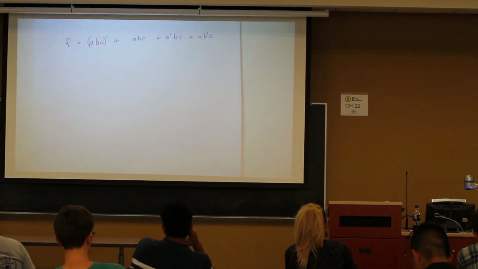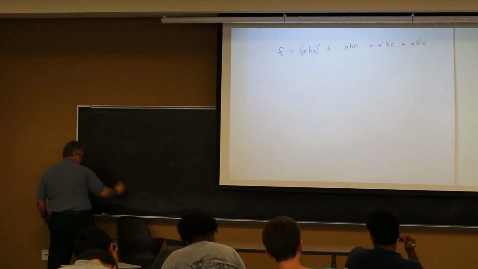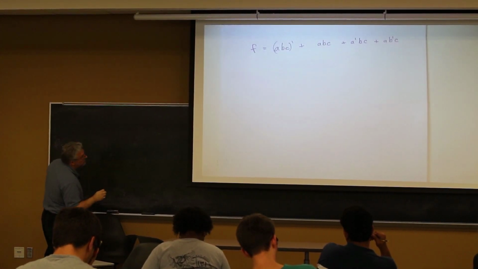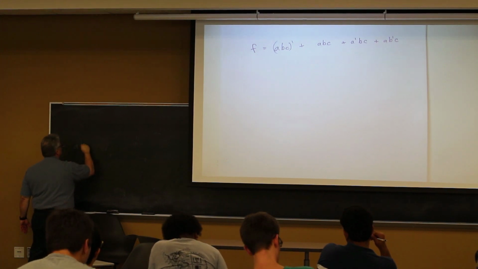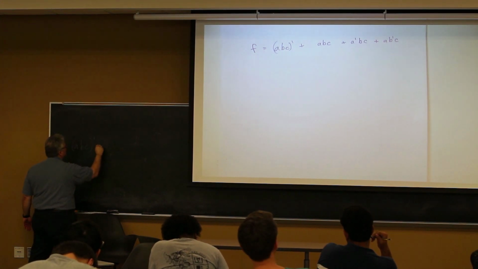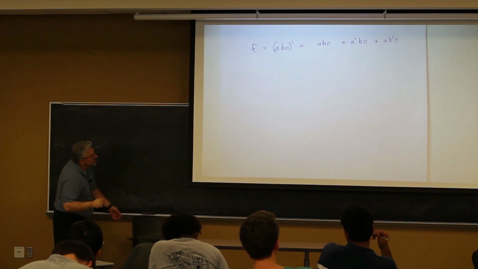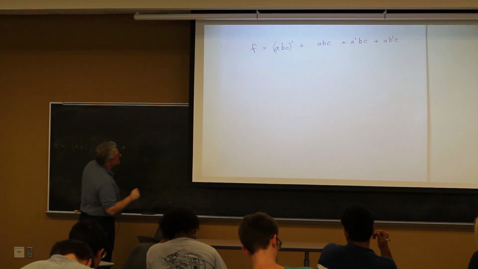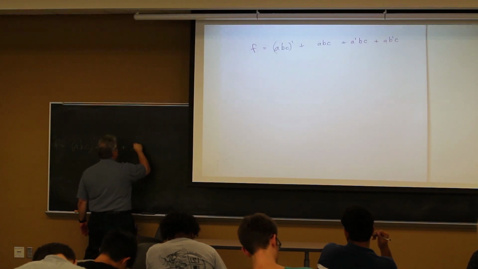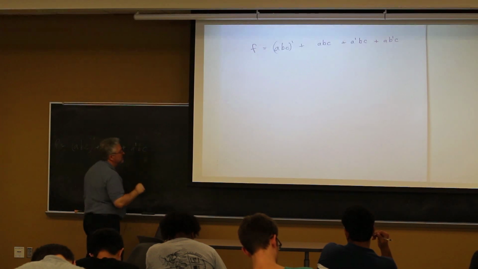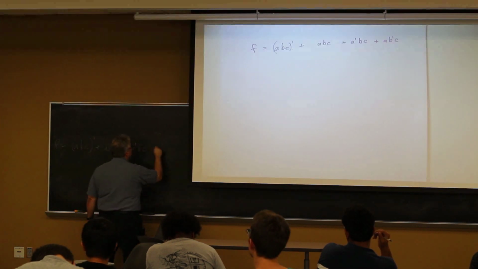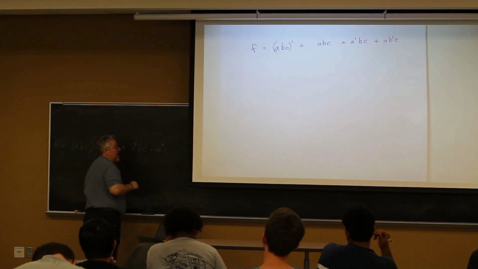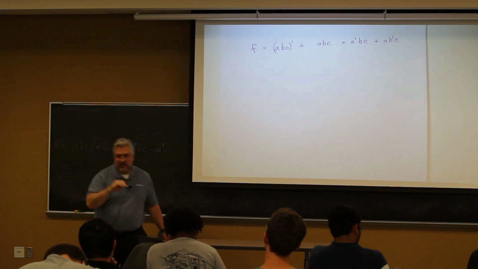So we said f is equal to ABC not plus ABC plus A naught BC plus A, B naught, C. You know, just for fun, I would like you to do the following two things.